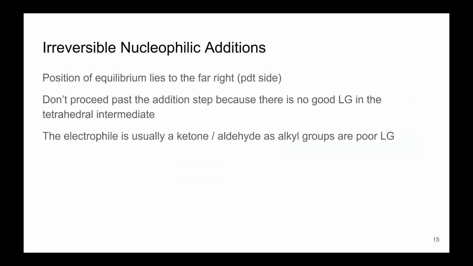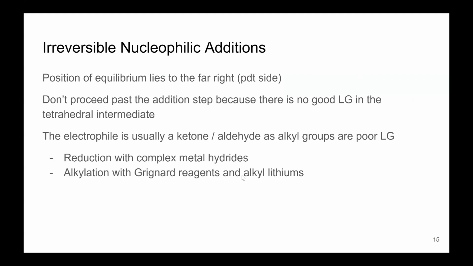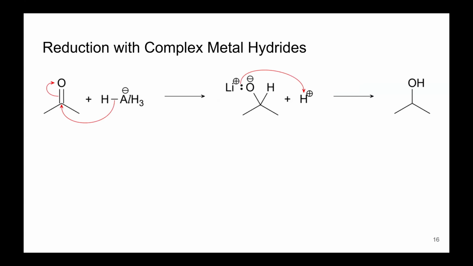The electrophile is usually a ketone or an aldehyde, as alkyl groups and H minus are really, really poor leaving groups. We will be talking about reduction with complex metal hydrides as well as alkylation with Grignard reagents and alkyl lithiums.